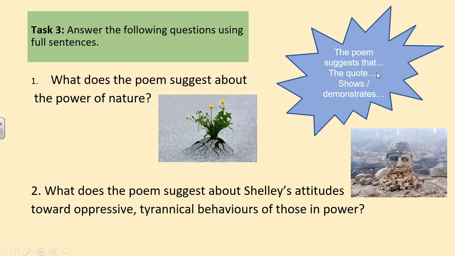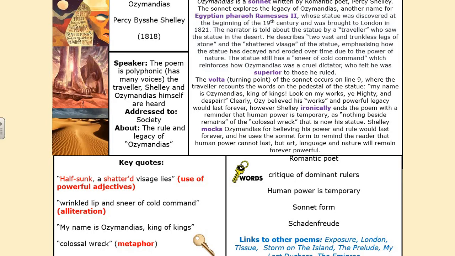The quote, choose a quote, shows or demonstrates this because, and then tell me what you need to tell me. Now I'm aware this is the first time you've looked at poetry in this way and this particular set of poems, but just give it your best shot. If you have any questions, contact me.